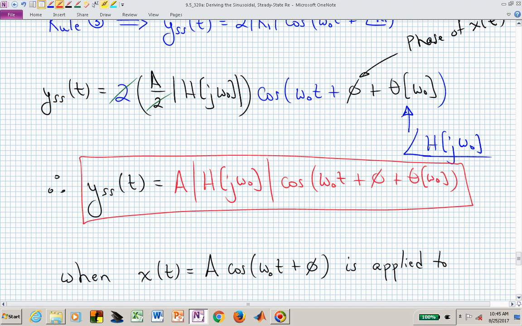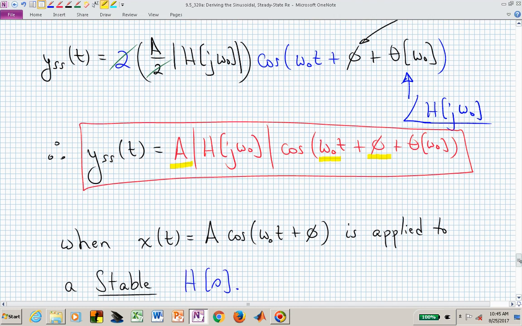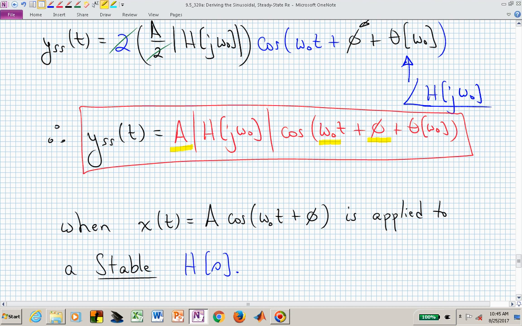You can see where those pieces now come into the sinusoidal steady state output. The sinusoidal steady state output has to account for that sinusoid passing through the system, and the system changes the magnitude by the magnitude of H at j omega naught, and it shifts the time domain waveform by an angle theta of omega naught, where theta again is the angle of H at j omega naught.